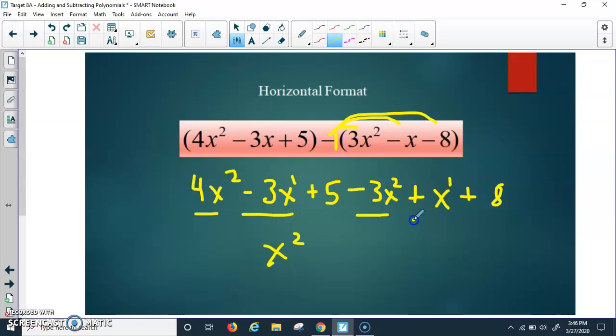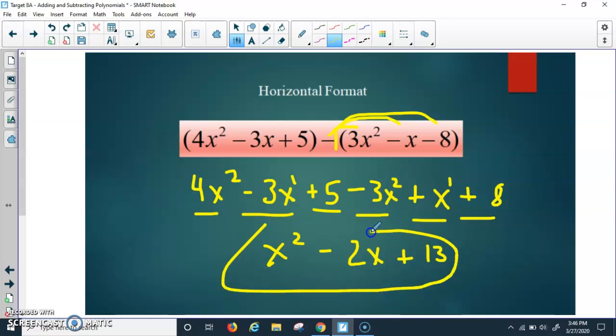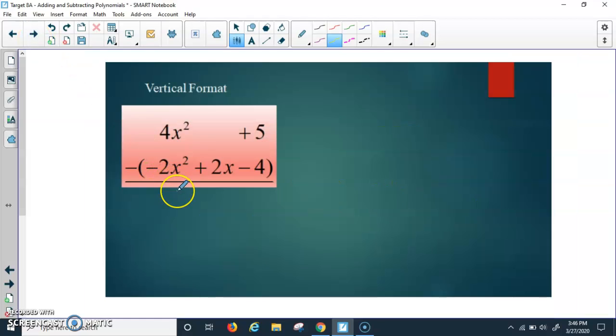Negative 3x plus x would be a minus 2x. And then finally, plus 5 plus 8 would be positive 13. And that's what you get when you subtract those two polynomials. And we should get the same answer even if we do it vertically.